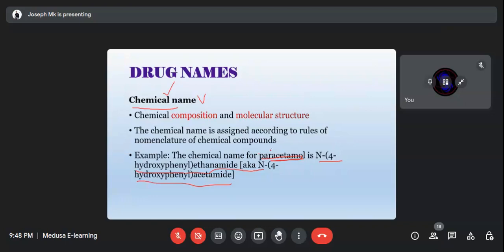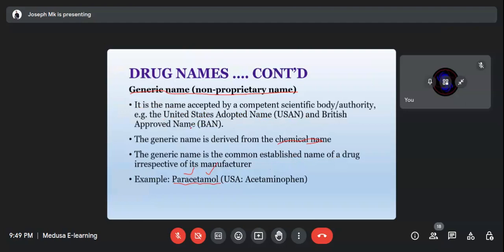Because other companies can get this same paracetamol with the same composition and call it by another name. There is still going to be paracetamol in there. So what we are simply saying by generic is that this name is accepted by these two institutions, the United States Adopted Name and the British Approved Name.